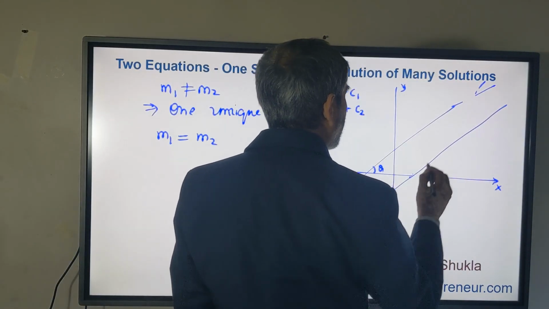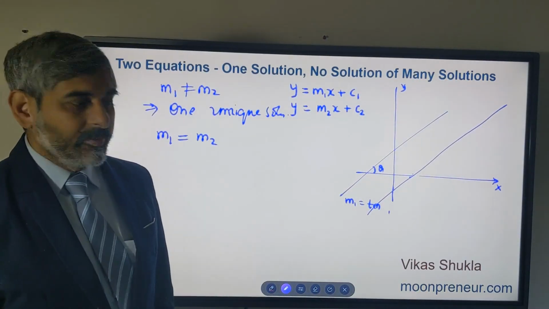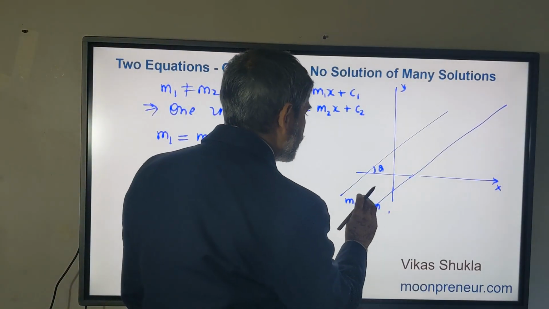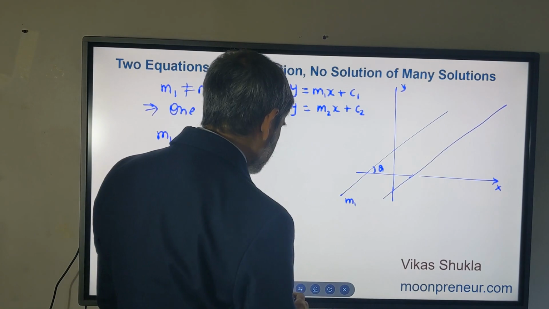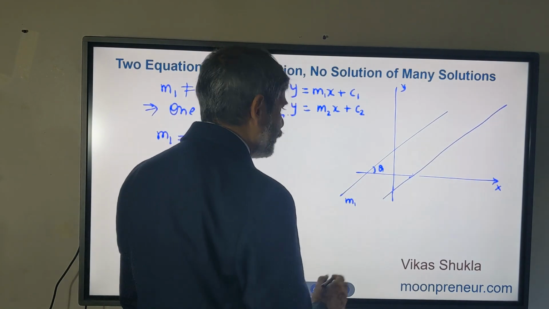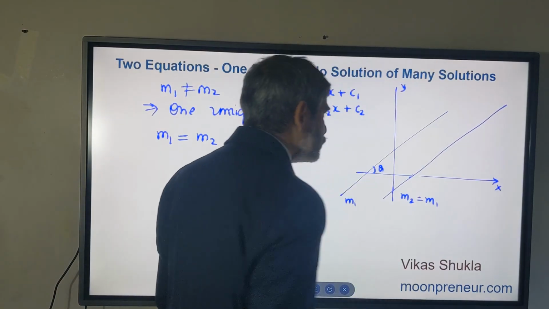This is the second line, and these two lines are parallel. This line has a gradient of m1, and this line has a gradient of m2, which is equal to m1.